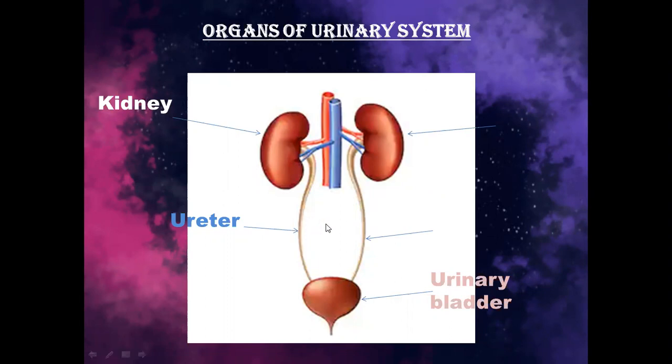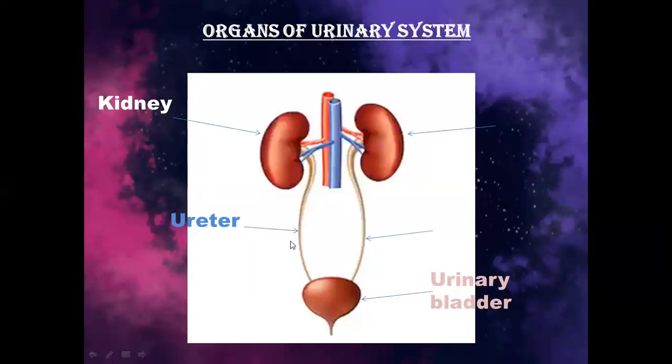There are two long and thin tubes going out of each kidney. So we have here, out of the right kidney, this long and thin tube.